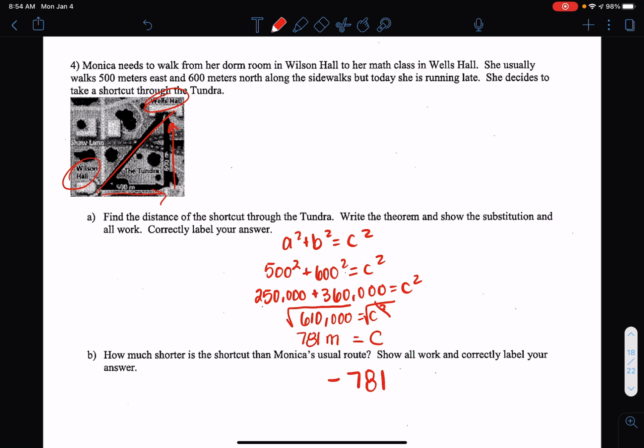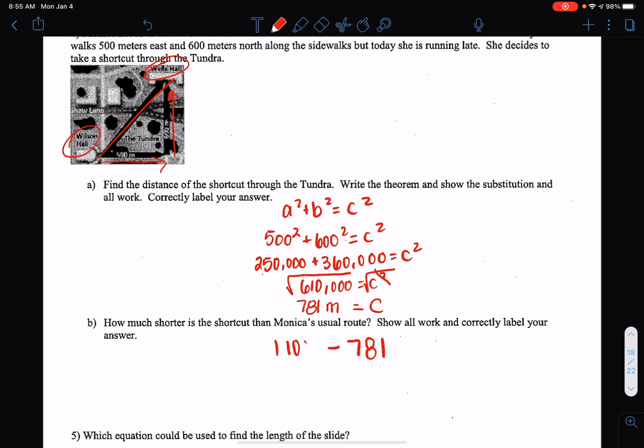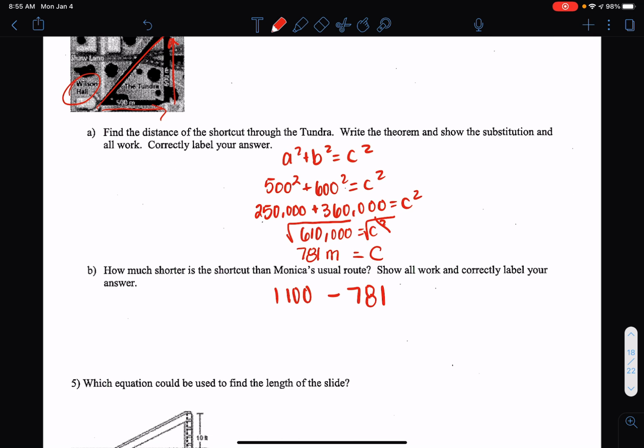If I add those two distances to each other, because that is her normal route, I get 1,100, okay? And I'm actually going to subtract those two distances in order to figure out how much shorter one is to the other, okay? Now, 1,100 minus 781 is equal to 319 meters. So that is how much shorter her distance is going to be from her normal route.